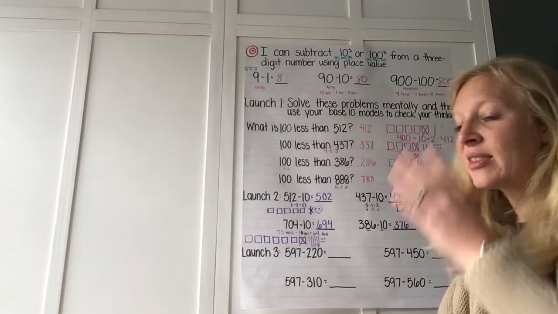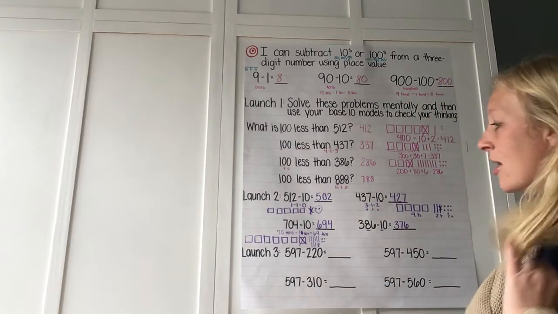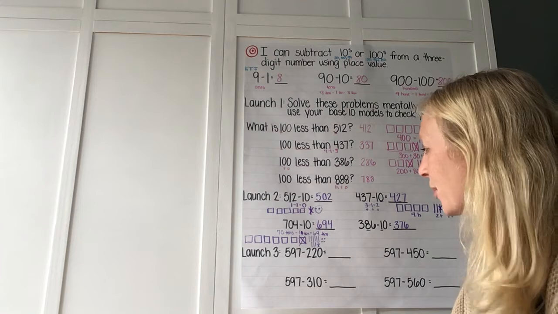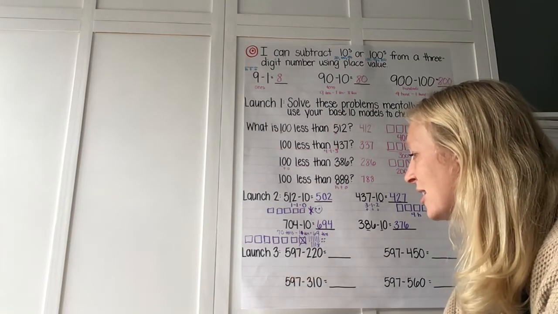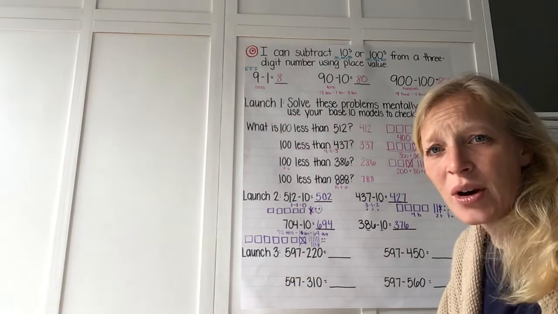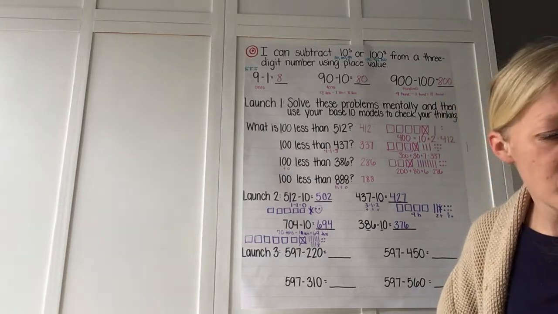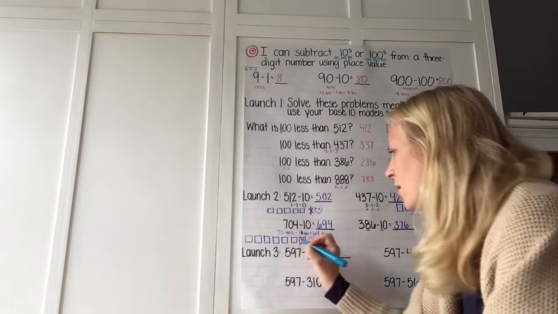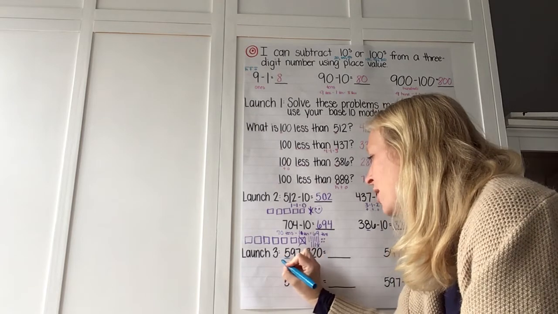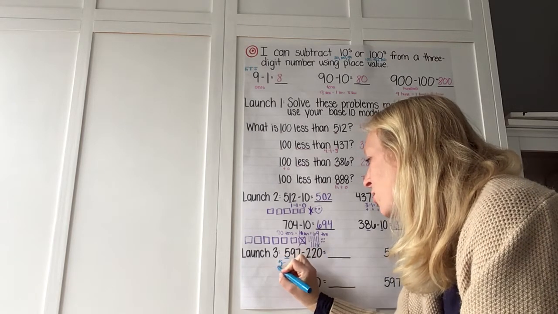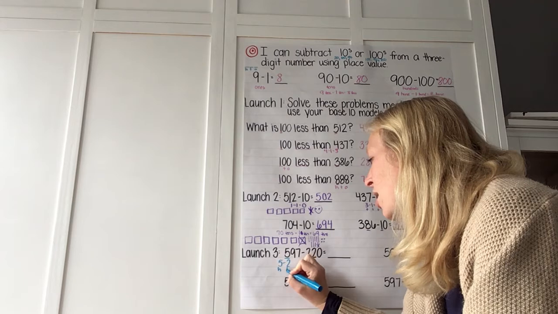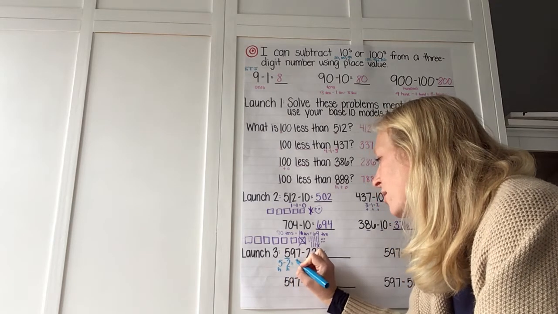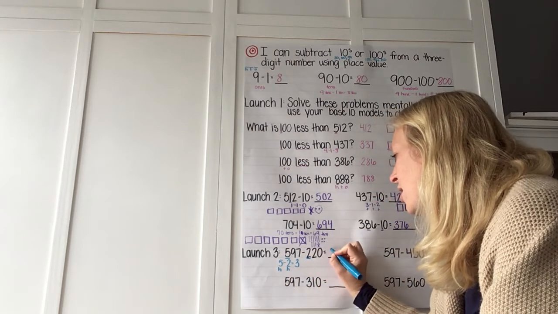All right, now that we're coming back together, let's think about these numbers. 597 take away 220. What did you do first when you were solving this problem? Okay, you knew that 500 take away 200 equals what? 300.